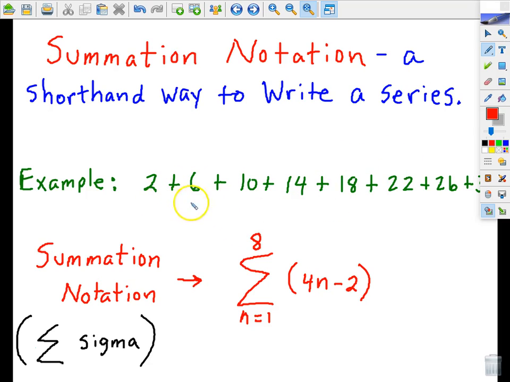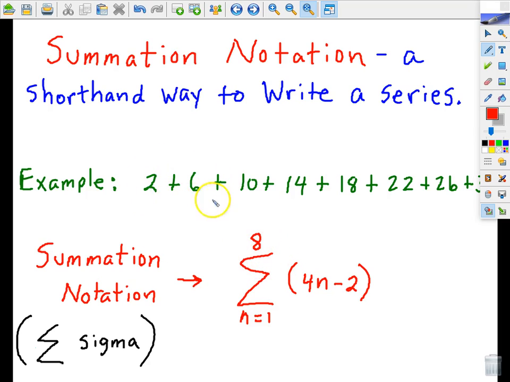And the way I would represent this particular series, this long list of terms that are being added up, is by using summation notation. And here's an example of it. Now you might be thinking, well, that's just 8 terms, why don't you just list them all out? And I would agree, for 8 terms, it's hardly worth the effort to come up with summation notation, but sometimes we're dealing with 1,000 terms.